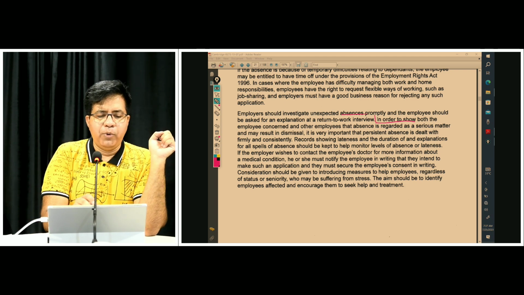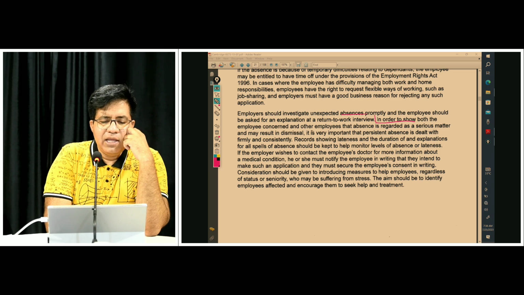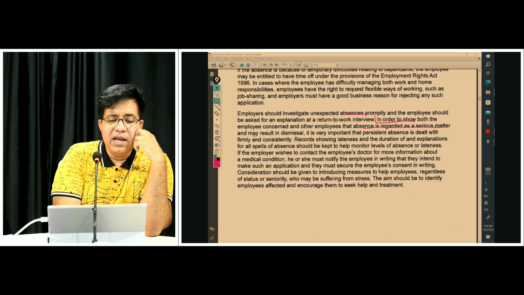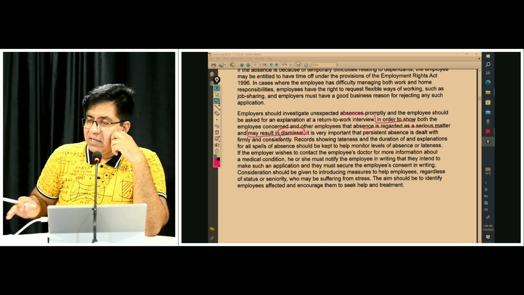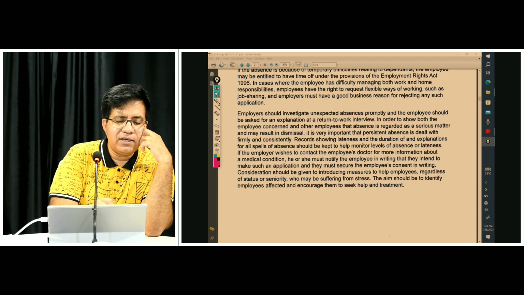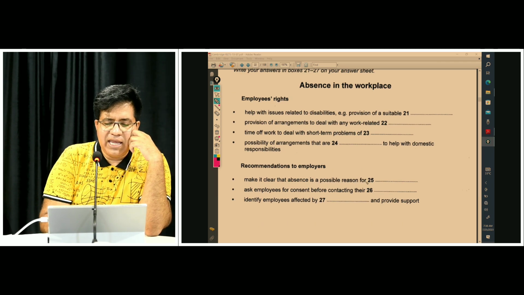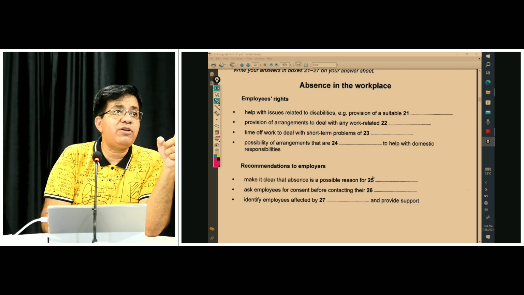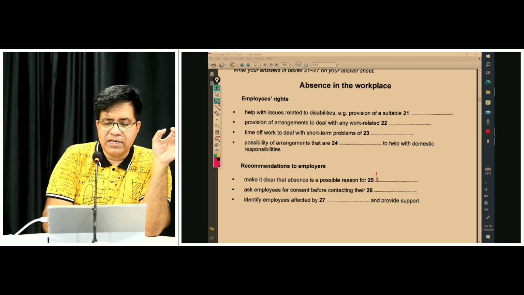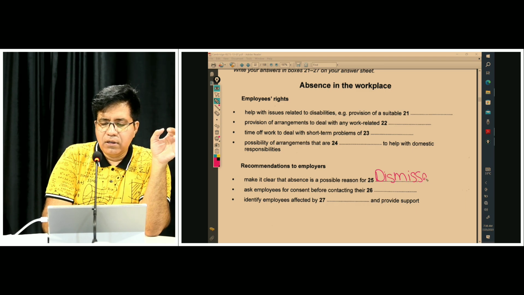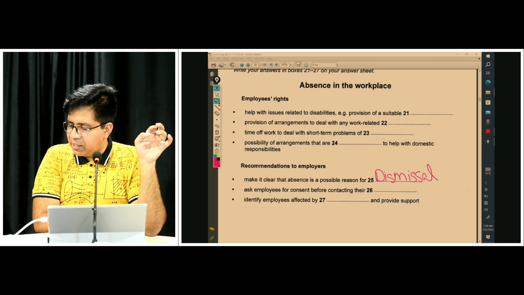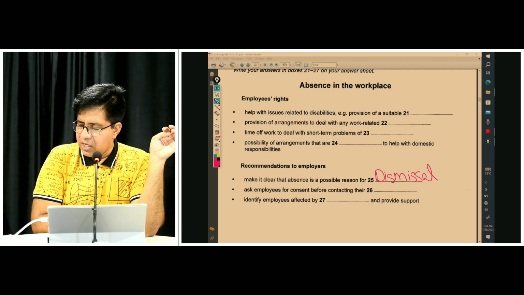In order to show both the employee concerned and other employees that absence is regarded as serious matter and may result in dismissal. Now, what is the word for may result in? Yeah, exactly. For may result in, they've written possible reason for. Reason for an answer is dismissal. Dismissal means like that person can be dismissed from his office.